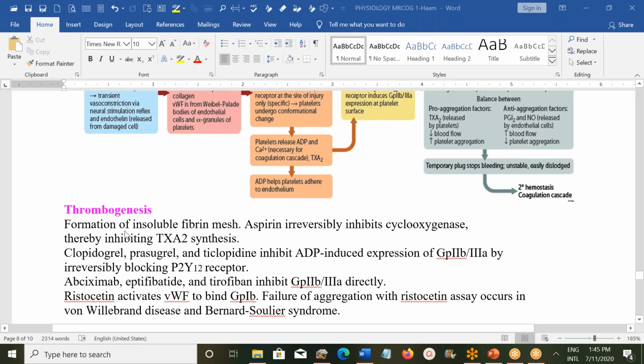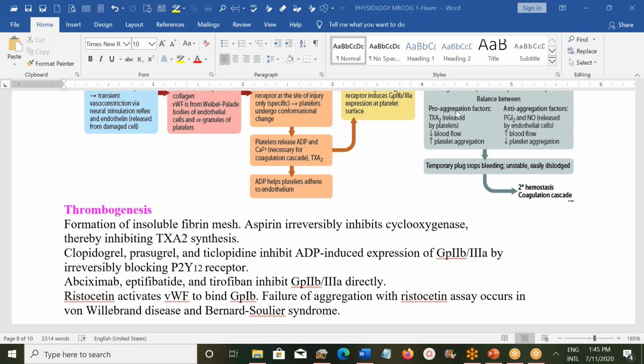Thrombogenesis means the process of formation of the blood clot when the coagulation cascade has been activated, meaning formation of an insoluble fibrin mesh. Aspirin irreversibly inhibits the cyclooxygenase enzyme, thereby inhibiting thromboxane A2 synthesis.